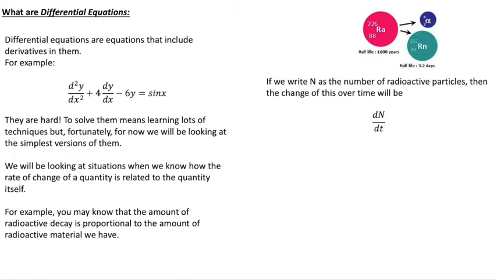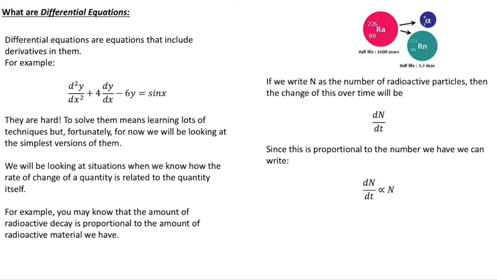So if we write N as the number of radioactive particles, which obviously will be massive, but thankfully we don't have to deal with numbers at the moment, then the change of this over time will be dN/dt. So that's the change of the number of particles over time.